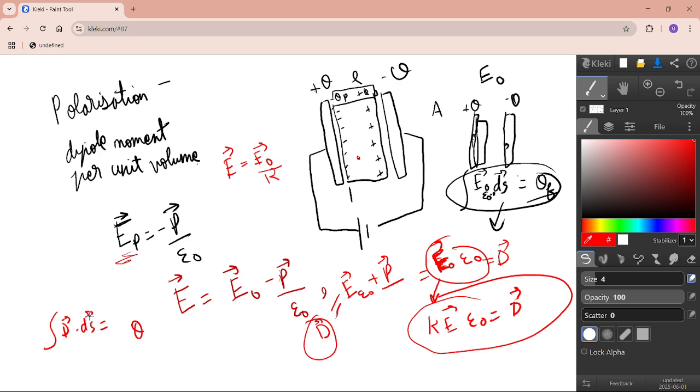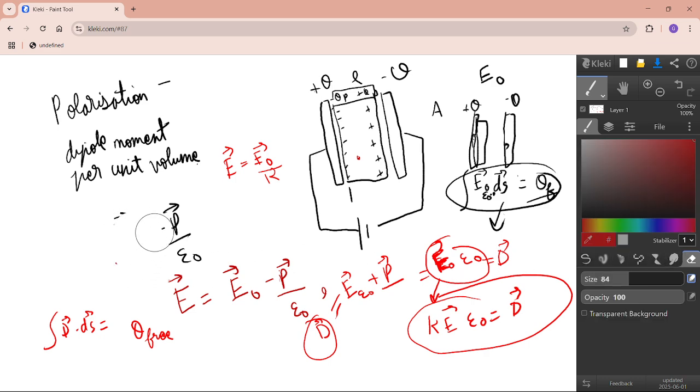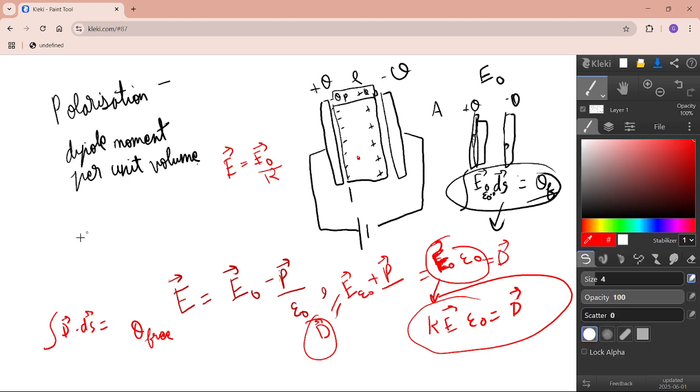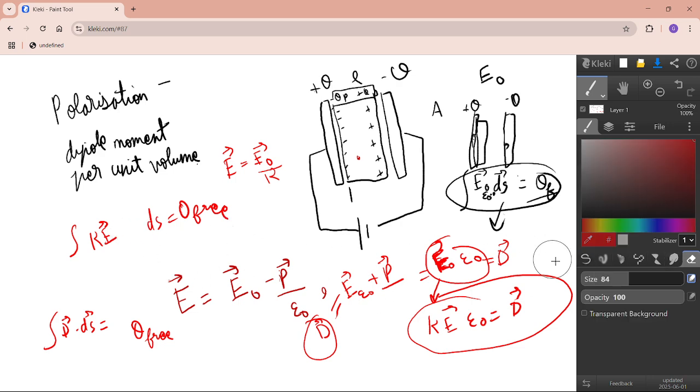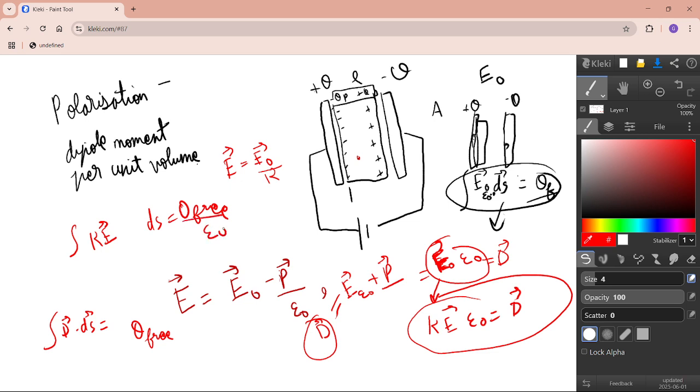If we put the value of D, then we get the integral of K E vector epsilon naught dot dS is equal to the charge free. If we take the epsilon naught here, then we get another form of Gauss's law.